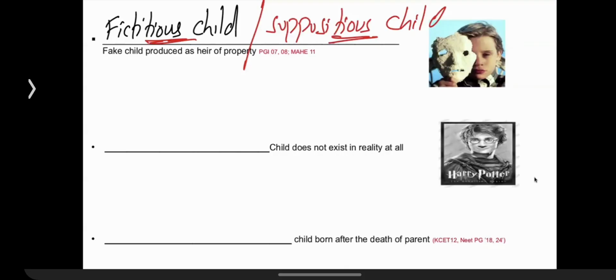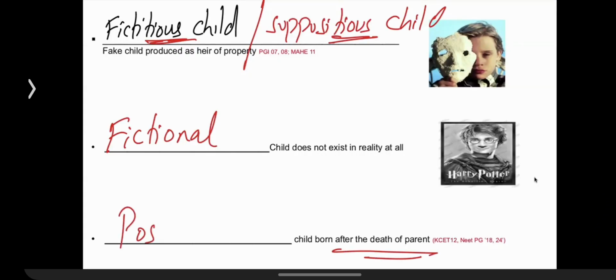And when the child does not exist at all, an imaginary child, that is called fictional child. Child born after the death of a parent is a posthumous child.